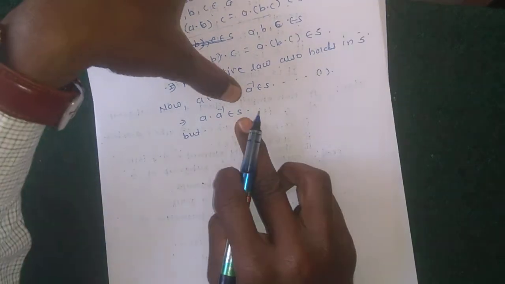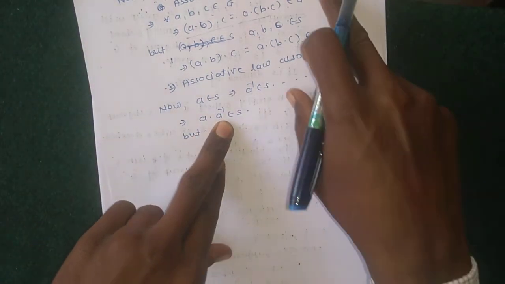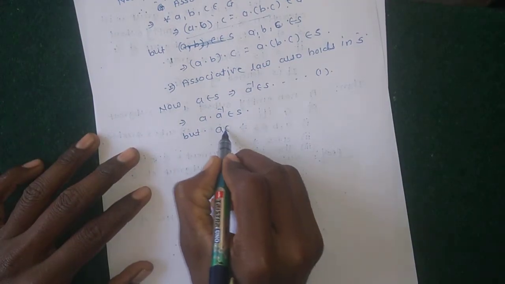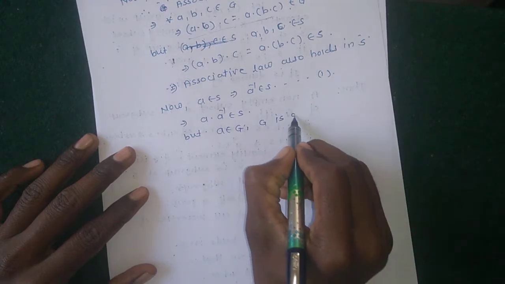But S is a subset of G, and G is a group.